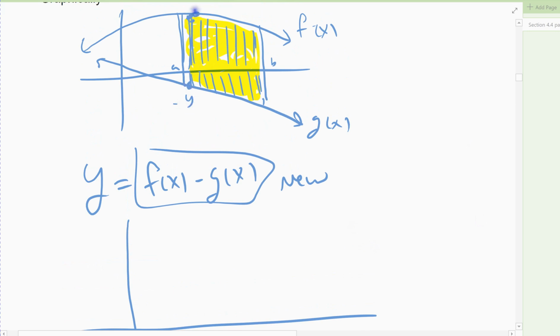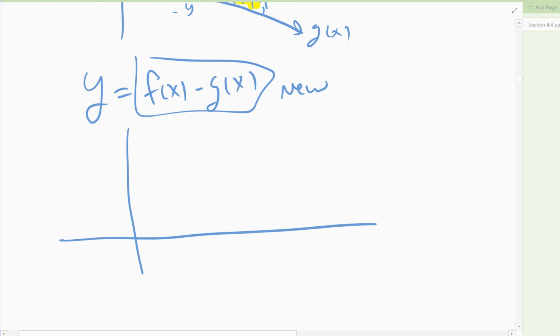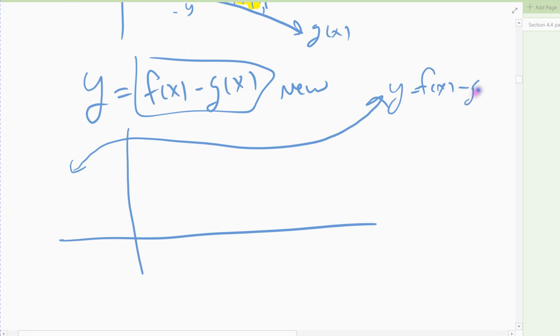Even though it's negative, I take the y value from function 1 and subtract the negative y value from function 2, so it's actually the y value from function 1 added to that of function 2. And so what we get is a new function, y equals f of x minus g of x.